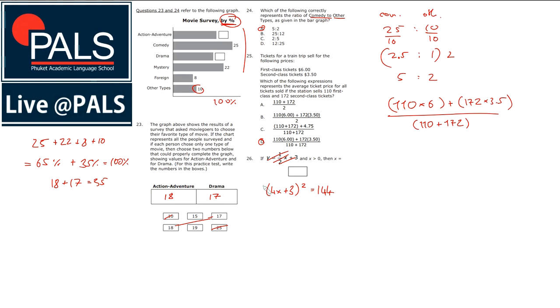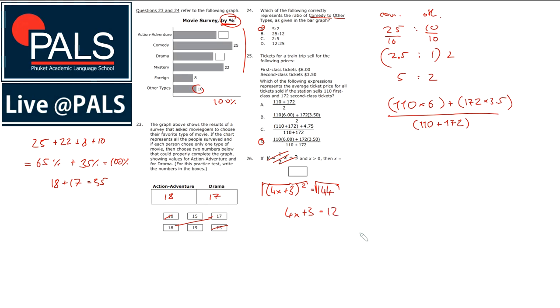So what we can do here is we can take the square root on both sides, and the square root will cancel out the square here, which means we are left with 4x plus 3, and the square root of 144 is 12.